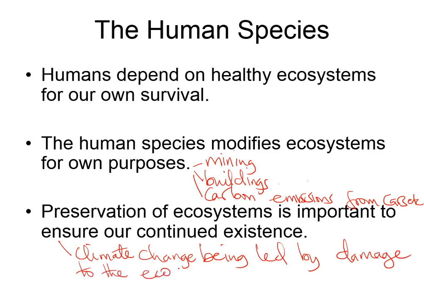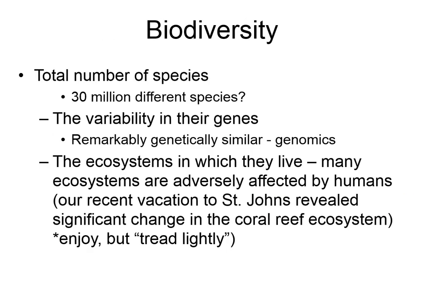To our ecosystem. So I think that's about ecosystem. Now when we talk within the ecosystem, we have what we call biodiversity. Really, biodiversity just talks about having different species.